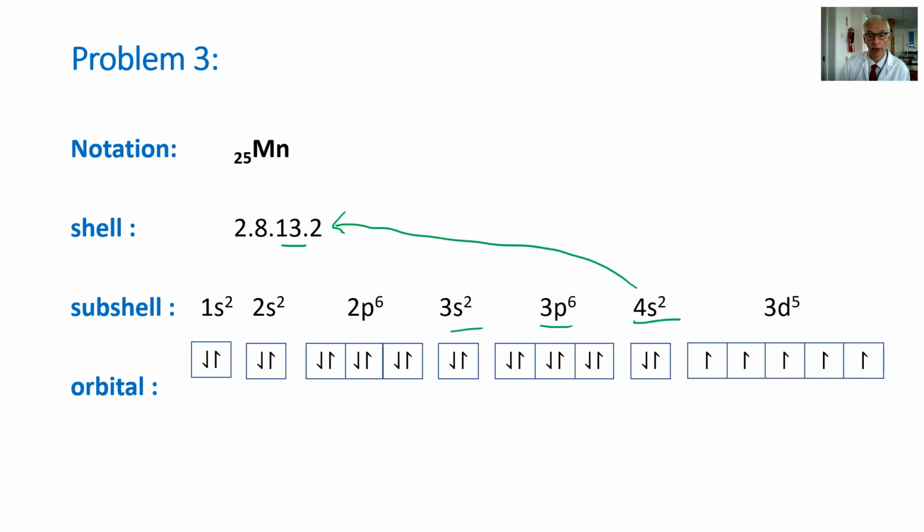So the total in the third shell are 2, and 6 makes 8, and 5 makes 13, which accounts for the 13 here. Now, in electrons in boxes notation, we fill the orbitals as per standard up to 4s2, and then we've got 3d5. Well, the d, there is no pairing with only a 5 electron d subshell.